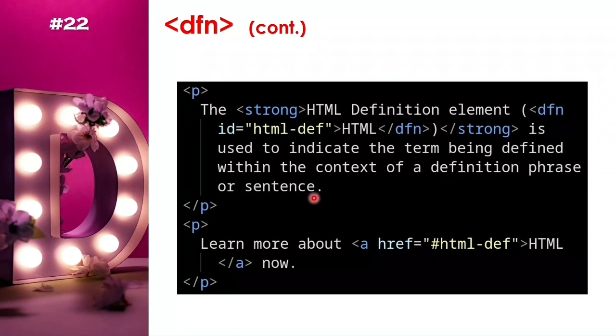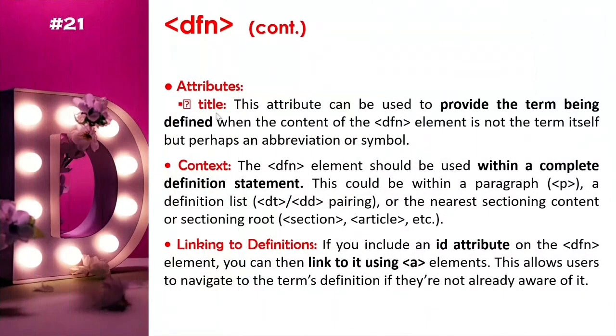So that's the definition of the HTML definition element, right? So in here I can just go and wrap that content. In here I have HTML, right? I can wrap that inside the define element, and so mostly it's that content that we mean is being defined, but it's better to use an ID attribute or the title attribute. Yeah, the title attribute. That's better to use the title attribute.